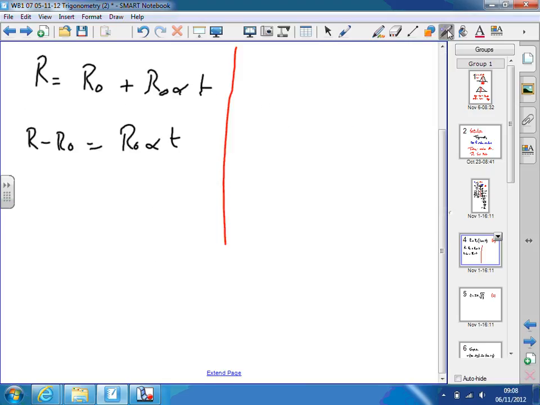Now next, T has been multiplied by R0 alpha, so divide. So, dividing the left-hand side by R0 alpha, I just rewrite what's there, R minus R0, and divide by R0 alpha equals T. So that's the answer. T equals R minus R0 over R0 alpha.